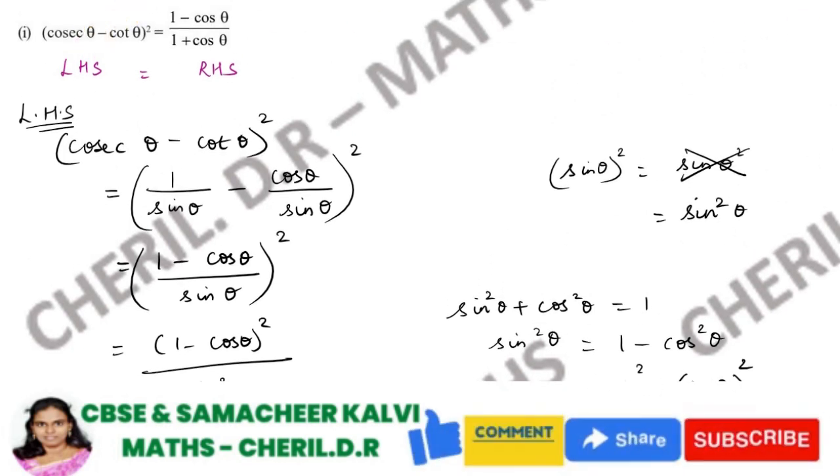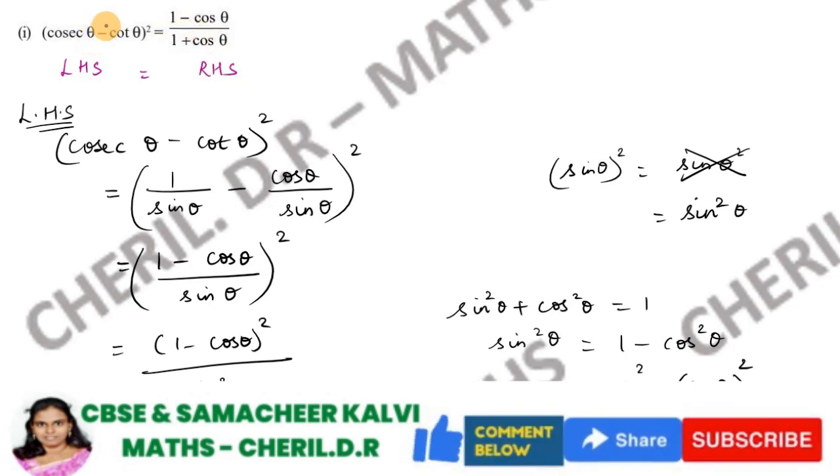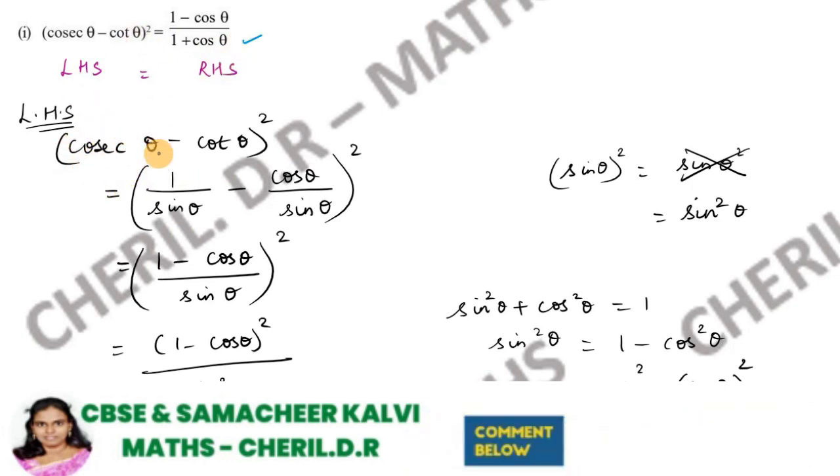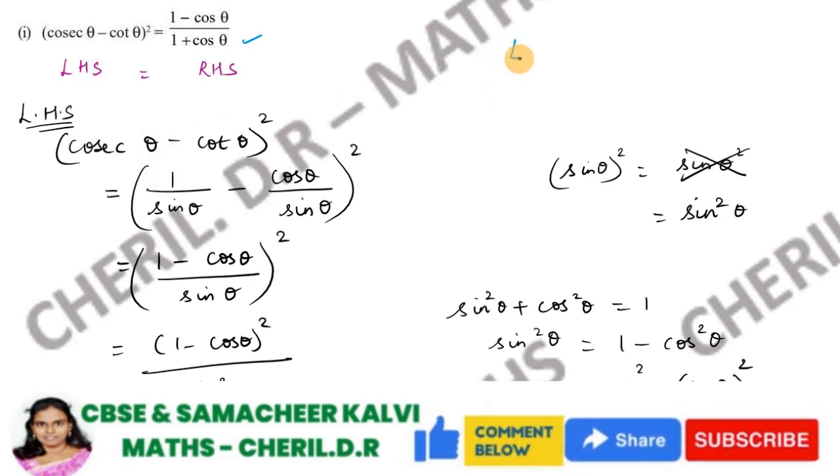So look into the question. What does the question talk about? Cosecant theta minus cot theta the whole square. Okay. So in that you have, this is our left hand side, this is our right hand side, 1 minus cos theta by 1 plus cos theta. So now we will consider the left hand side. It is not mandatory that you will have to prove only from the left to right.